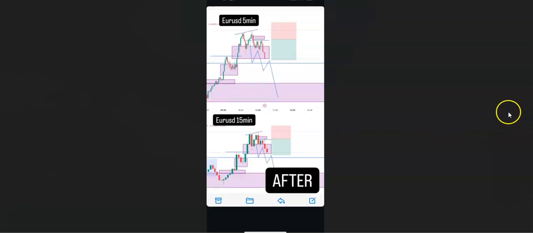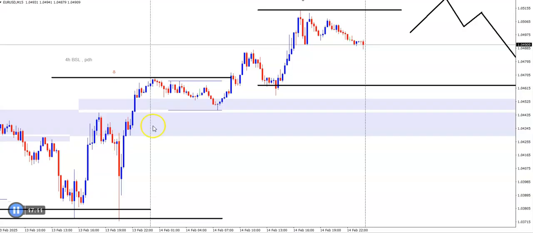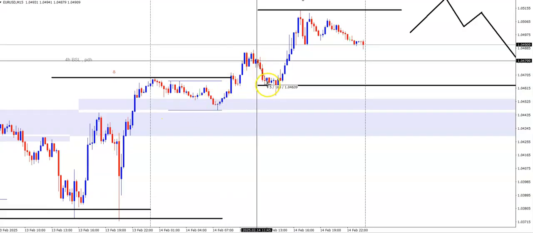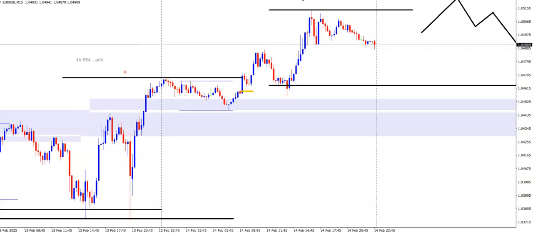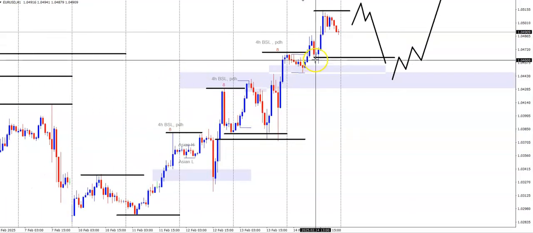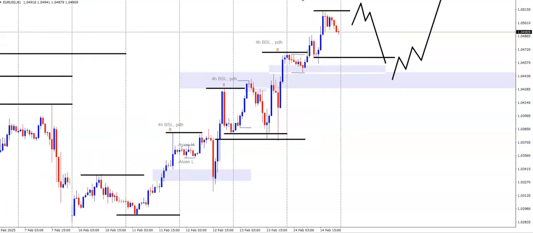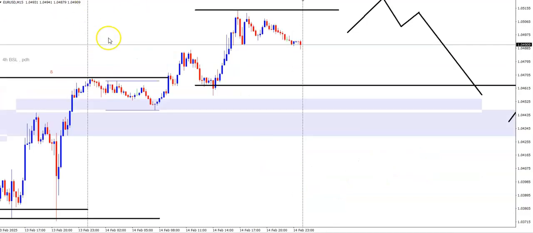of course in this case to target the 1 hourly PD area. In this case, as you can see, this level we had a nice move to the downside, and when the market reaches again this 1 hourly PD area, the fair value gap zone from the 1 hourly, in this case here you can again look for opportunities to the upside, either on the 15-minute time frame or 5 minutes.